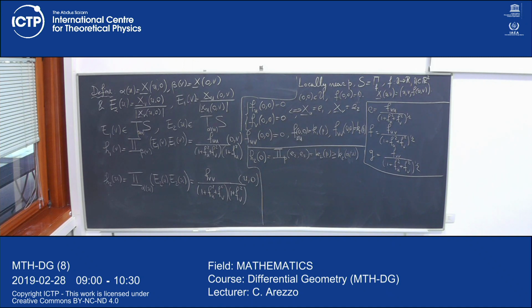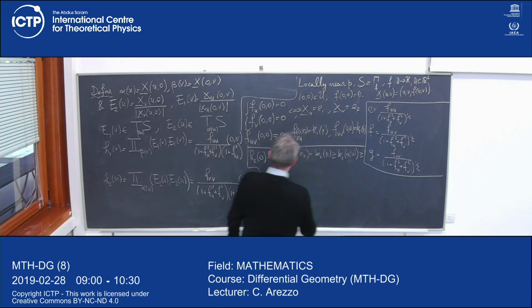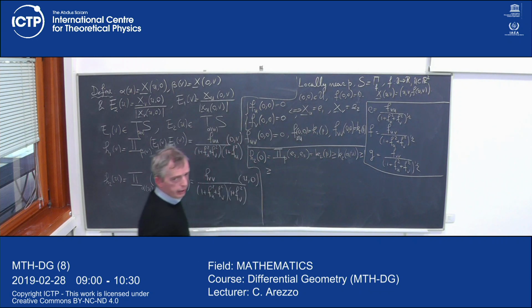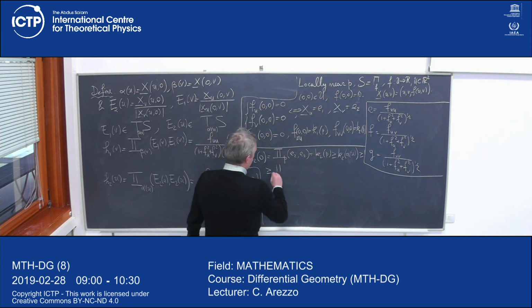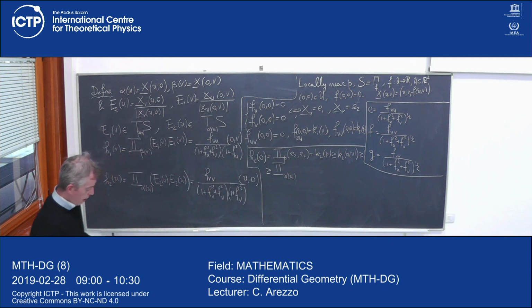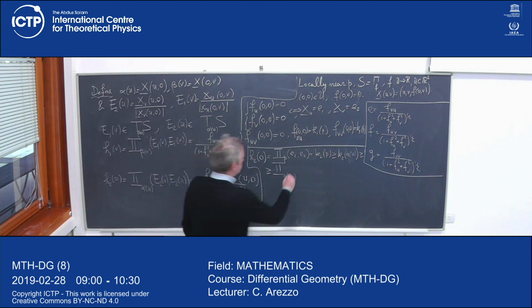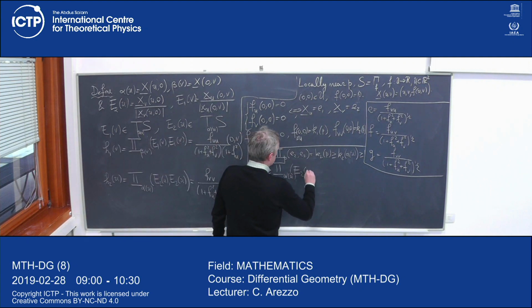But K2 at the point alpha of u, this is the biggest eigenvalue of a quadratic form. So this is linear algebra, I'm not using it. What is it? I'm claiming that this is greater than or equal, I continue here, to the second fundamental form at the point alpha of u applied to the vector E2 of u, E2 of u.